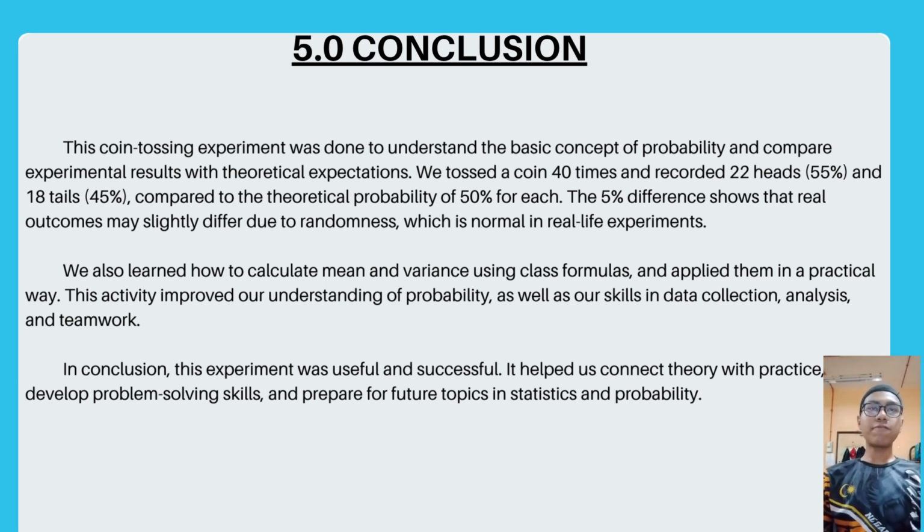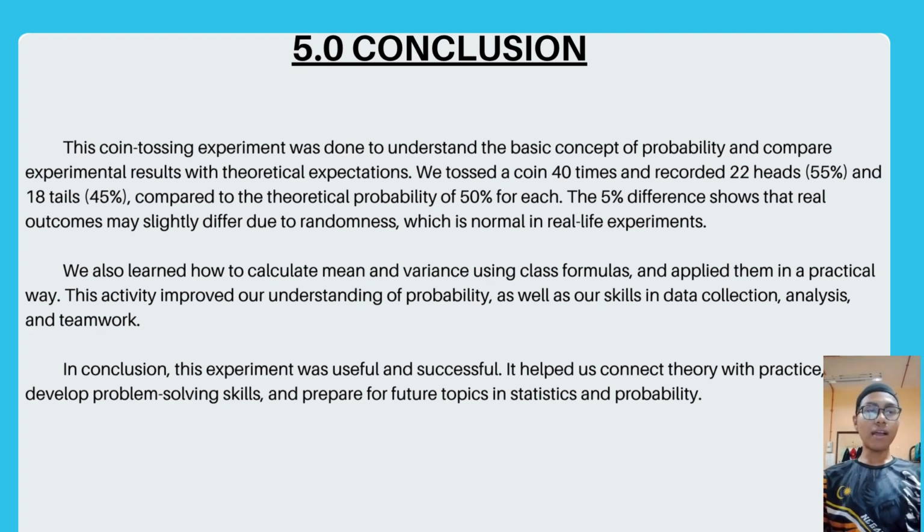So for the 5.0, which is the conclusion, this experiment helps us to understand basic probability concepts by comparing real results to theoretical expectation. We observe a 5% difference between expected and actual outcome, which shows how randomness affects the real data.